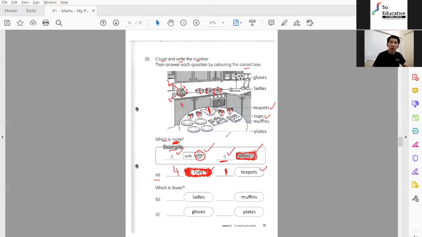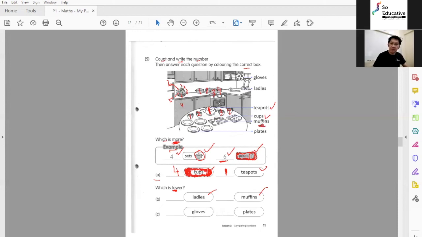Now moving on. Next, they want us to find which is fewer. Fewer means less than number. Fewer means smaller number. Okay. Fewer means less than number or smaller number. So let's take a look at what they want us to count. They want us to count the ladles and the muffins.